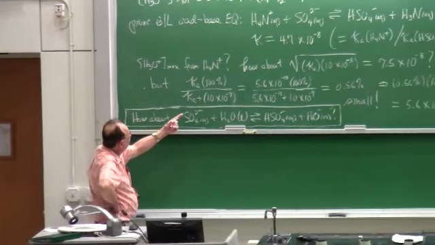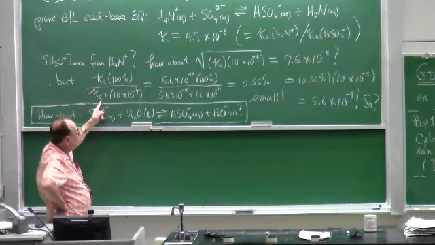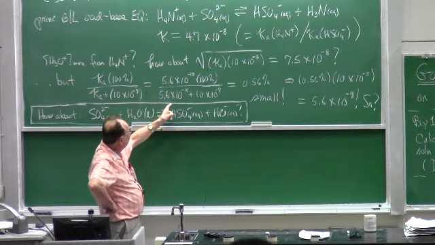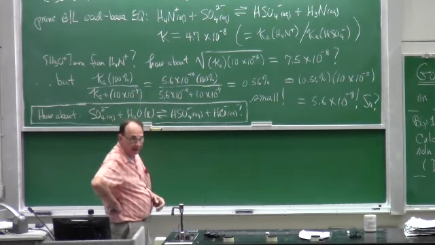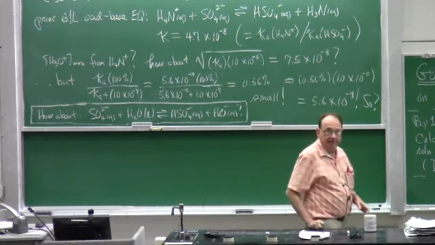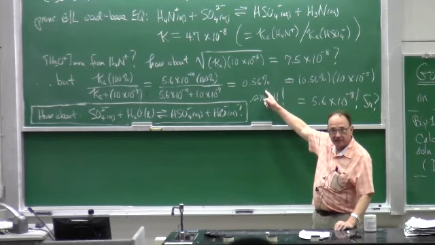We'll take this recipe. Put in Kb sulfate, 8.3 times 10 to the minus 13, and you will get a value which is a hell of a lot smaller than this.